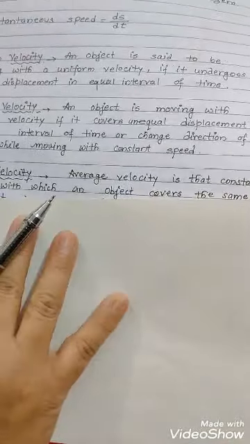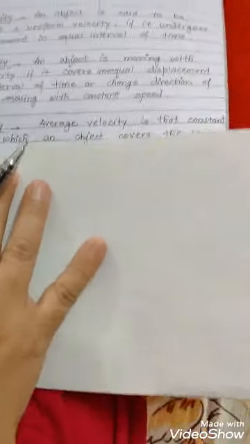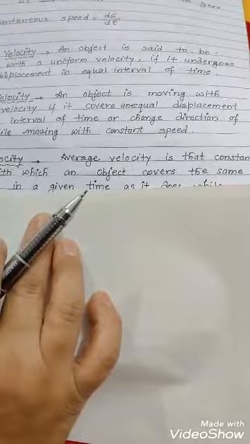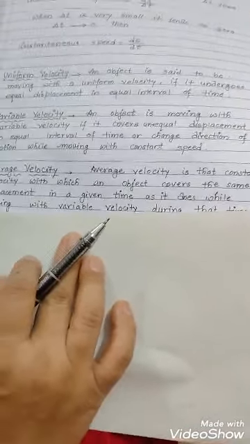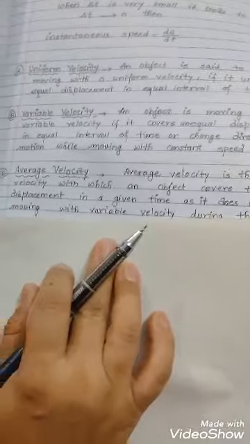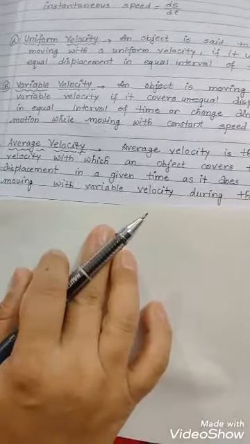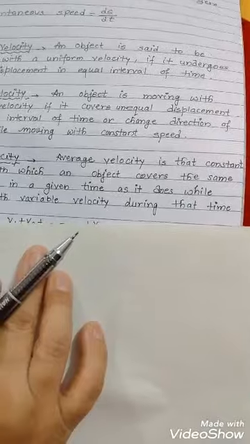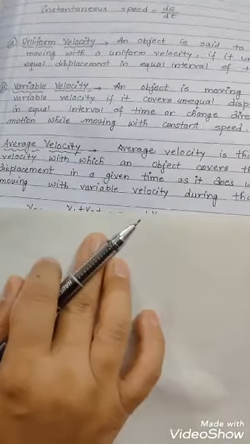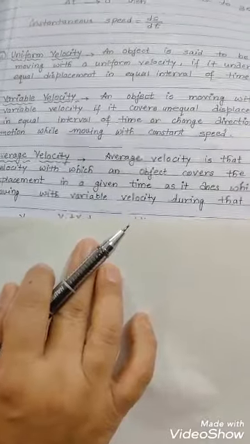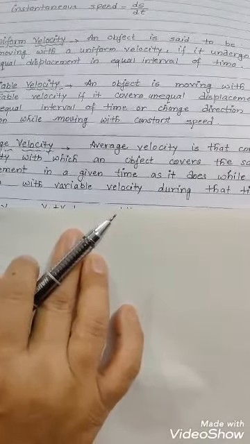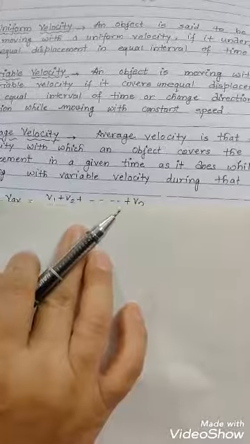Next we will see average velocity. So average velocity is that constant velocity with which an object covers the same displacement in a given time as it does while moving with variable velocity during that time. It is the same definition as we have defined for average speed, but the difference is there we have taken distance, here we are taking displacement.